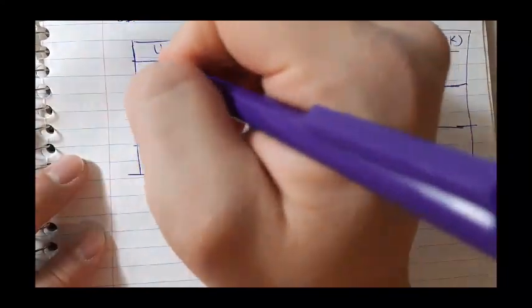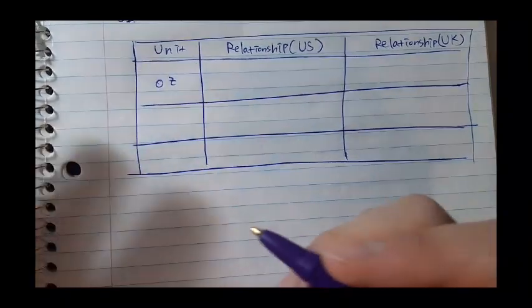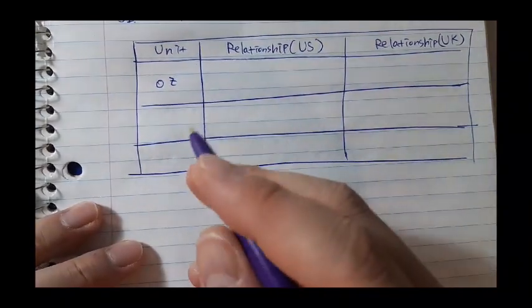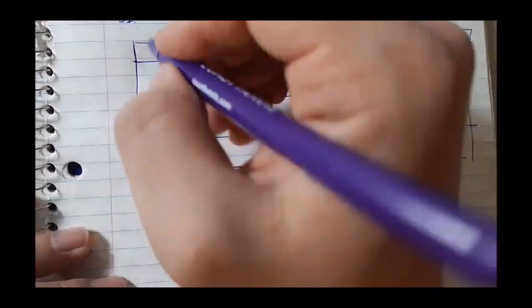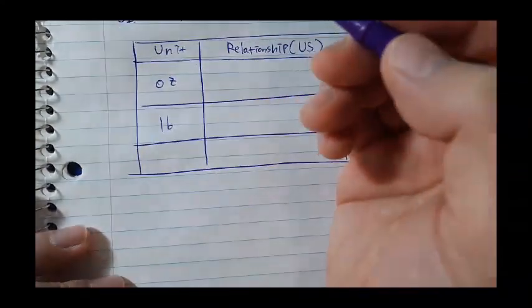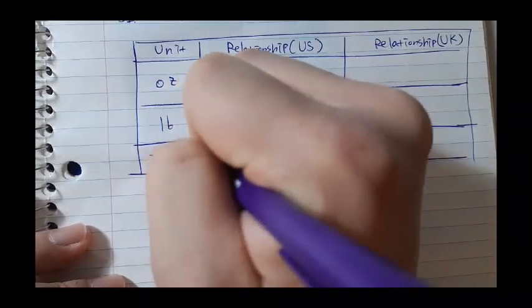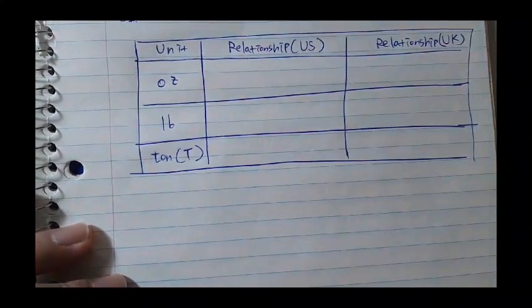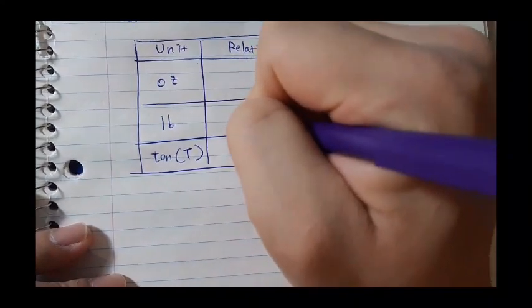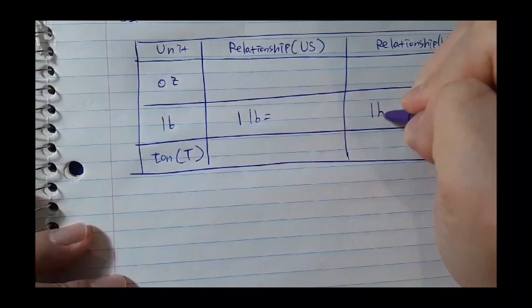So for the smallest unit, we have oz, like ounces. So those are the ones like steak, think about it. Pound, LB, or pounds, LBS, and ton, in this case we use big T. Now let's find out what clue is given. First thing first, 1 pound.